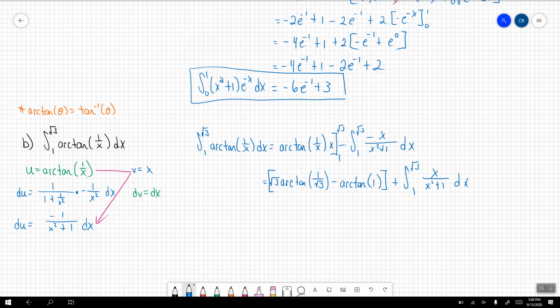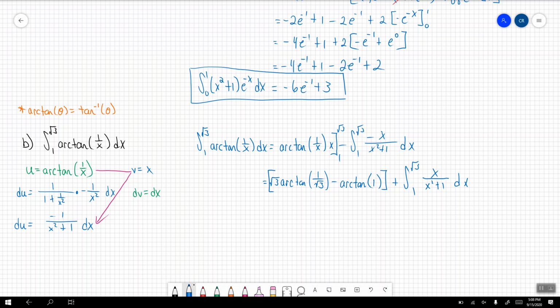Okay, so one of the first things that we are going to have to do in this case is find what is arctan of 1 over the square root of 3. In other words, we need to find where this tan inverse gets us an angle whose ratio is 1 over root 3.